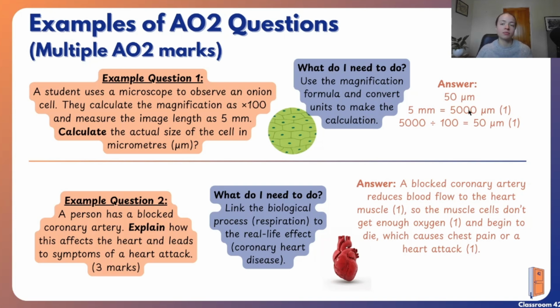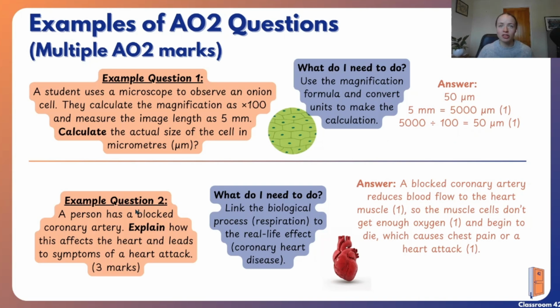So I started by converting the millimeters into micrometers. So that's 5,000. And then I've used the magnification equation, which has 5,000 divided by 100. So image size divided by the magnification used to get the actual size, which is 50 micrometers.